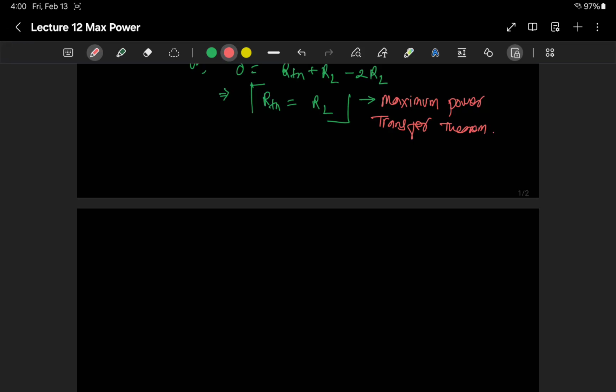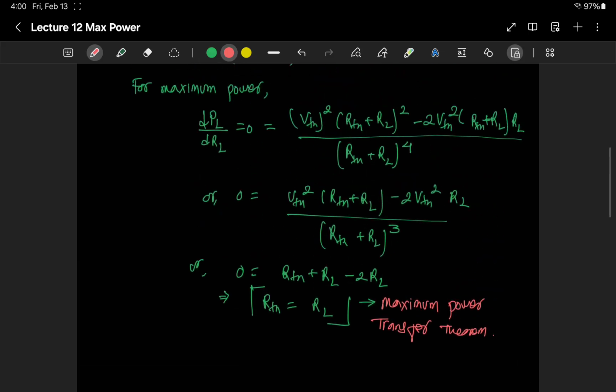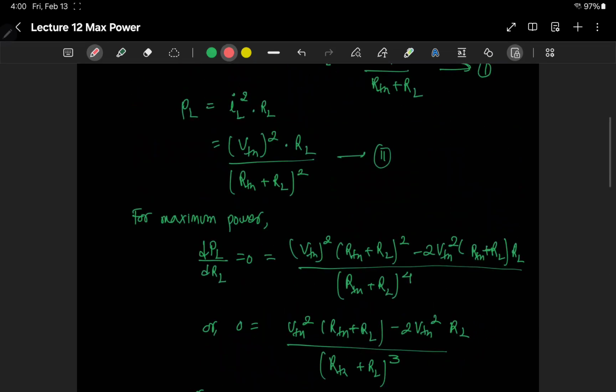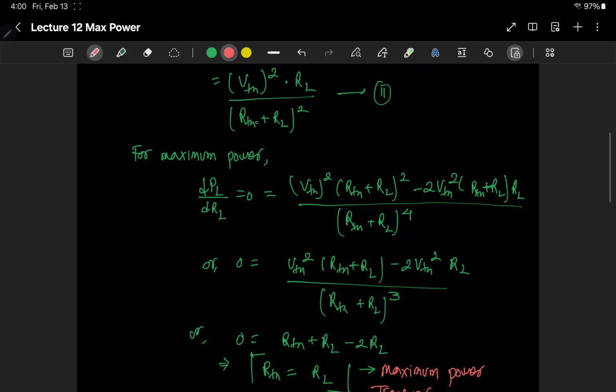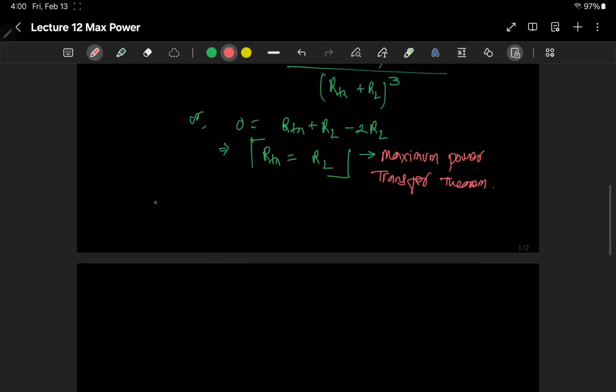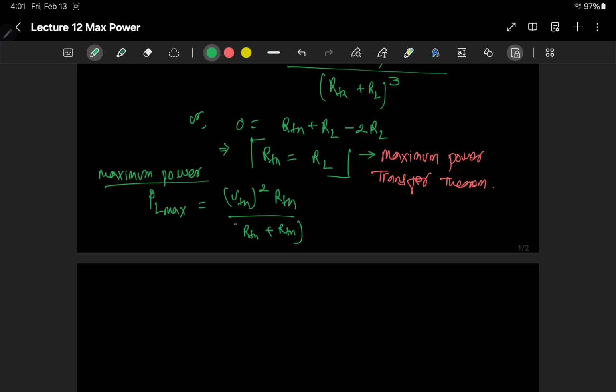And since we know that RTH is equal to RL, we can substitute this value into the power equation, equation 2. That will give us VTH squared times RTH divided by RTH plus RTH squared. So the maximum power, PL max, is equal to VTH squared times RTH divided by (RTH plus RTH) squared, basically replacing RL by RTH here and here.